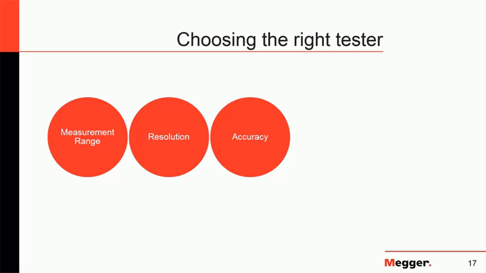Make sure you pay attention to this factor, and you should prefer the instrument that states the accuracy as a percentage of the reading and not the ones stating it as a percentage of the range, as those will be less accurate.